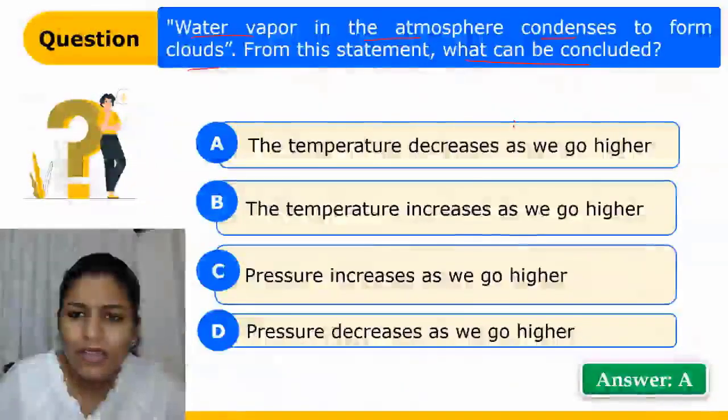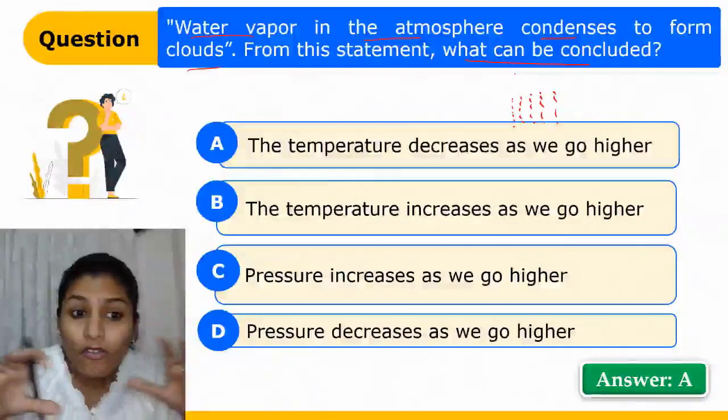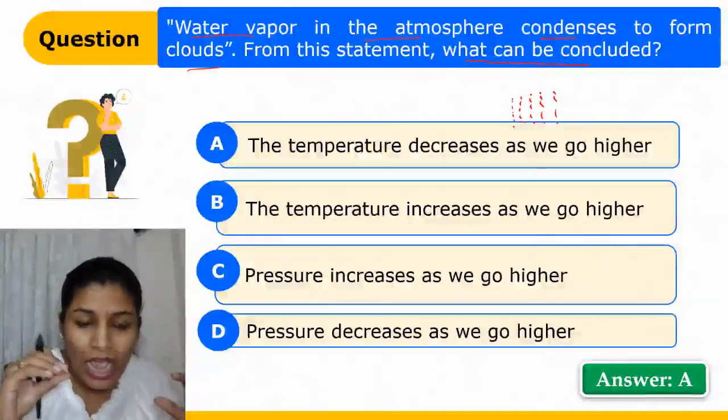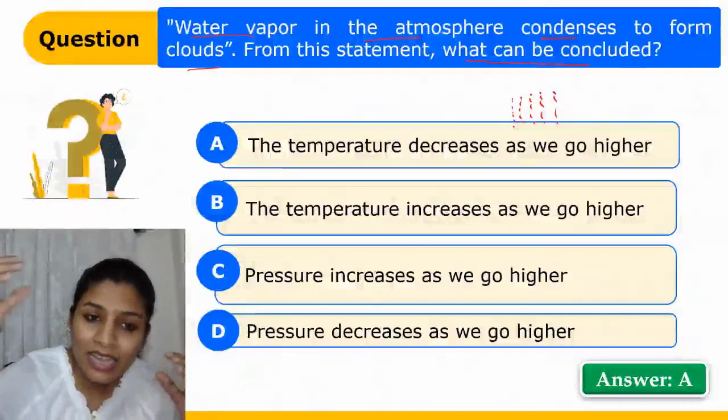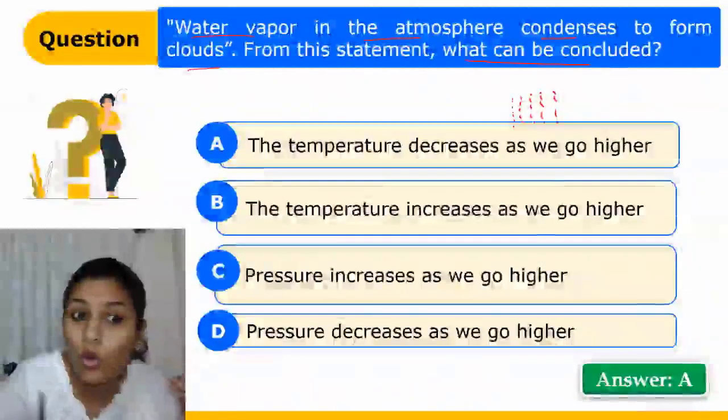What happens when this water vapor goes up is the layer of air becomes thin, and because the layer of air is thin, the heating on those layers will also be less as compared to the lower layers.